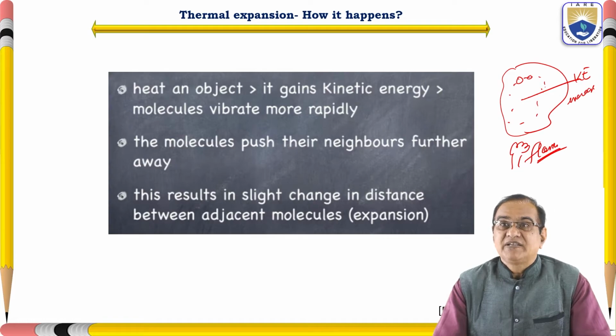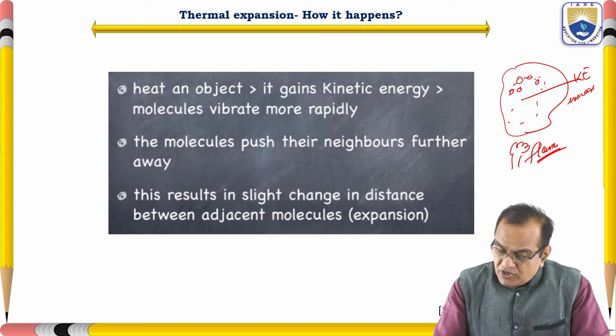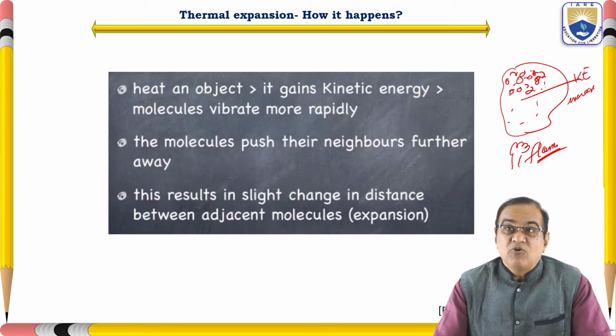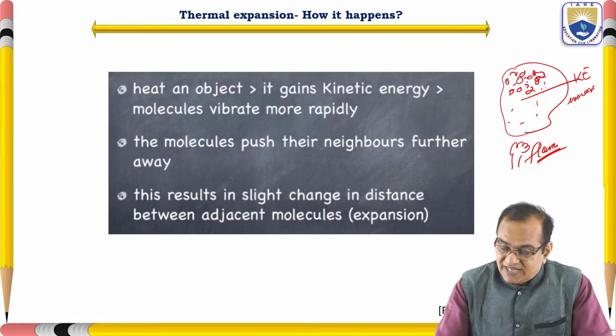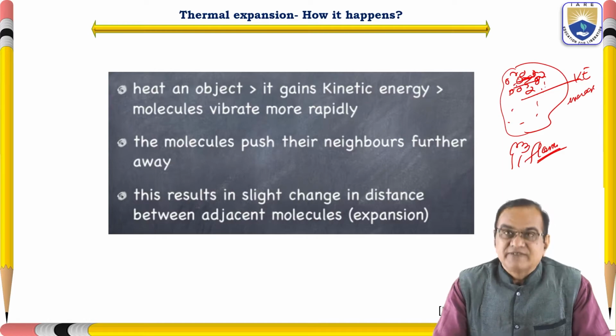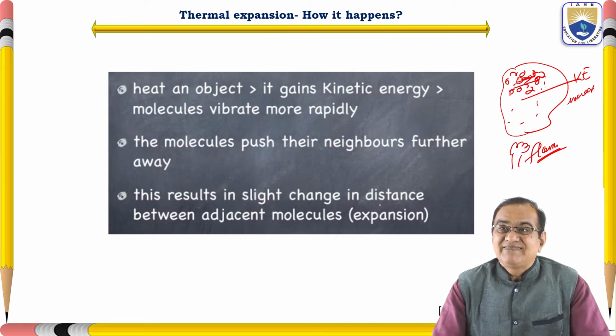Molecules vibrate more rapidly. So each molecule will start vibrating. If it is solid, they will vibrate in their own position. The molecules push their neighbors further away, and they will start pushing each other. The result is a slight change in distance between the adjacent molecules, and this is called expansion.